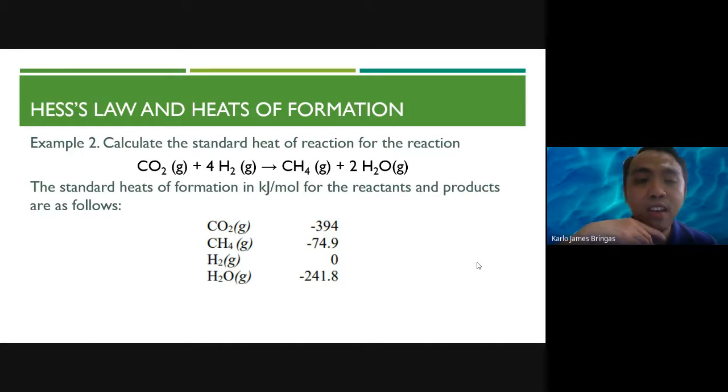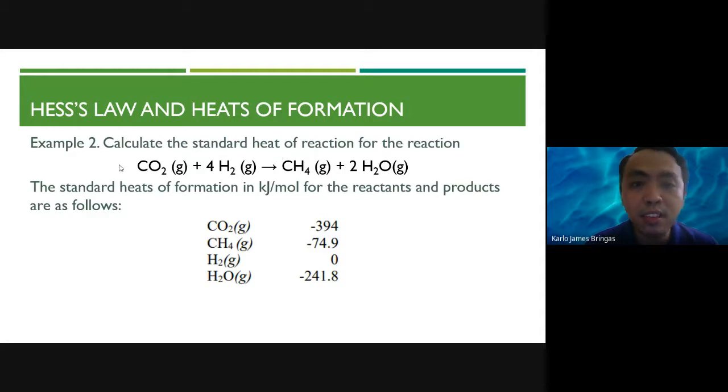But it turns out that this carbon dioxide, you can actually react it with hydrogen gas to be able to form methane gas. Methane is particularly important to us because it is a fuel that we can use, that we can burn to be able to generate energy.